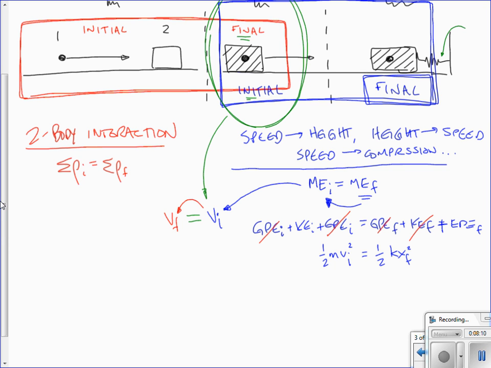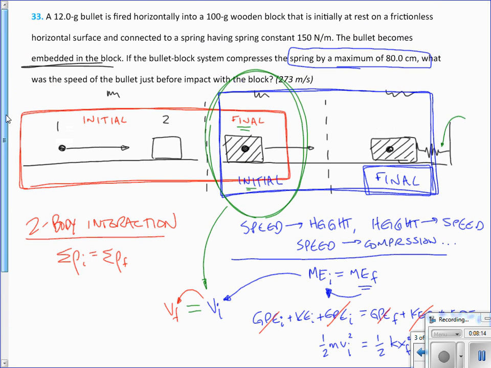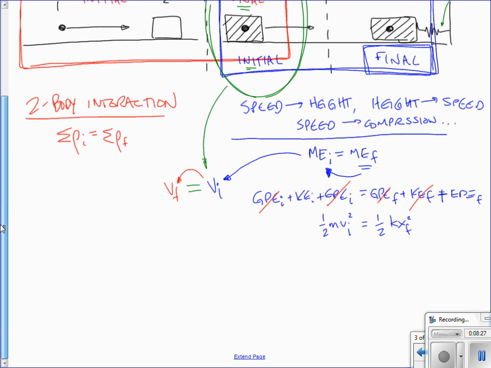They tell us k, 150 newtons per meter. They tell us x, 0.8 meters, be careful. They tell us the mass of the two objects together. M here is m total. K is 150 newtons per meter.